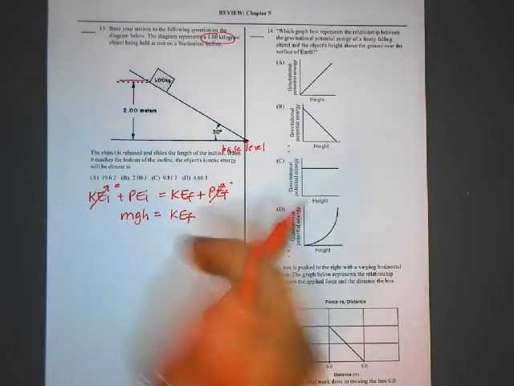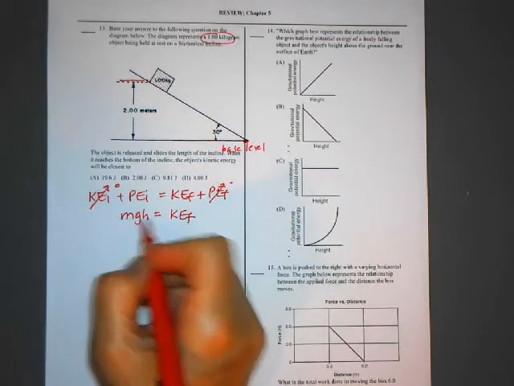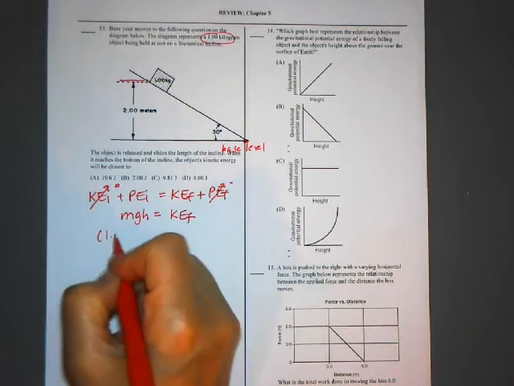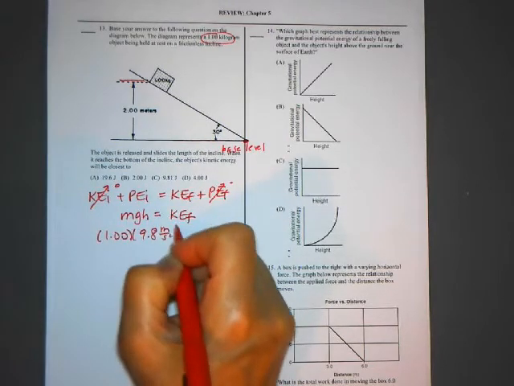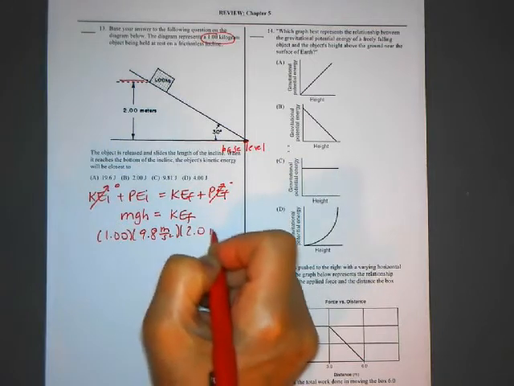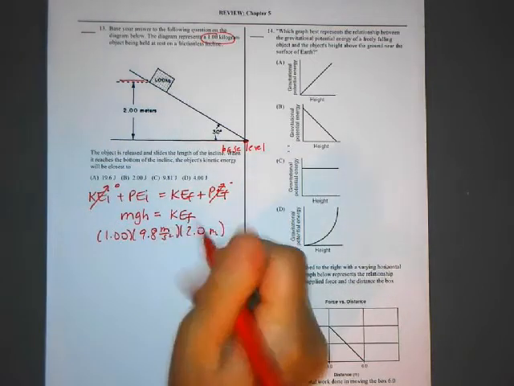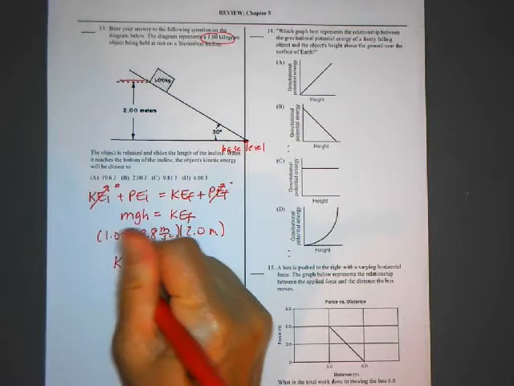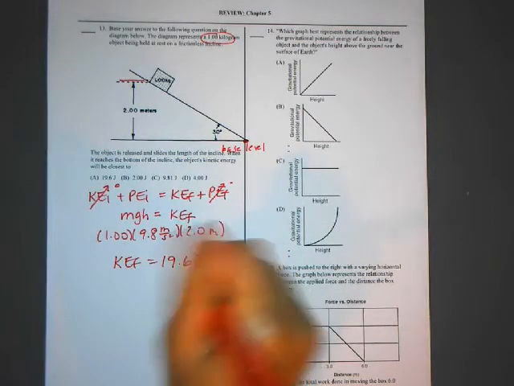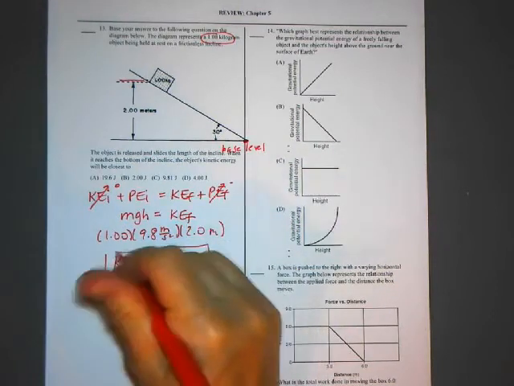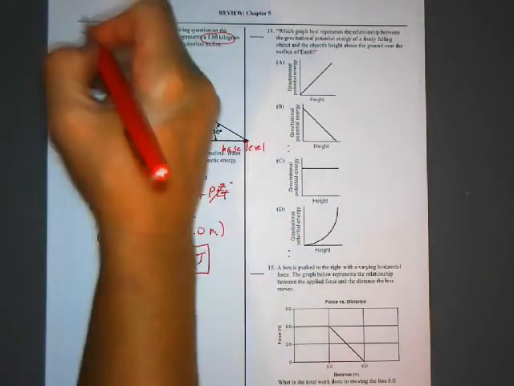So if I want to find KEF, it's MGH. So it's going to be 1 kilogram times 9.8 meters per second squared times 2 meters. So 9.8 times 2, KEF is equal to 19.6 joules, which is A.